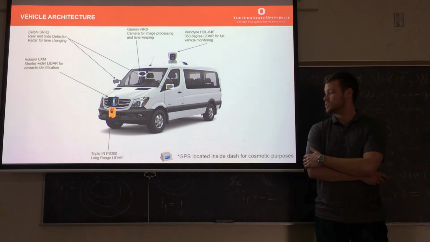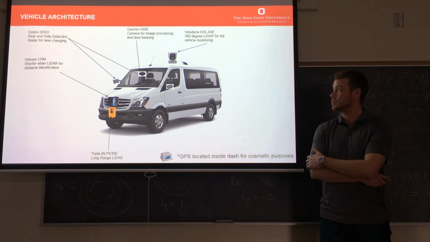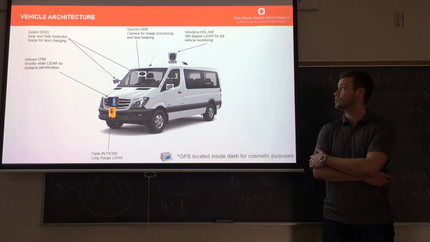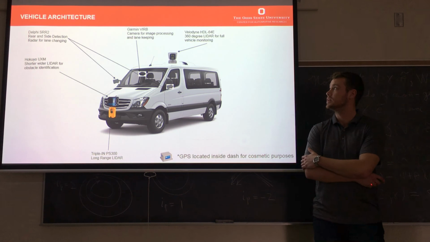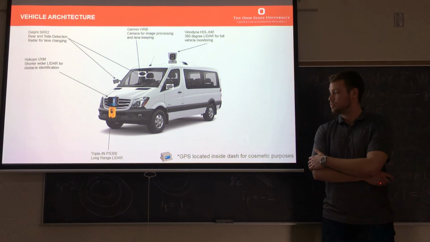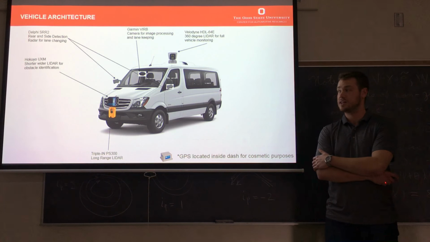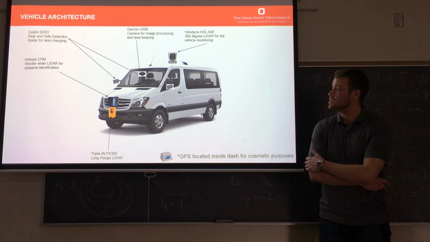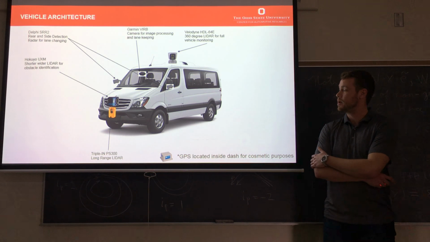So for the architecture of which sensors we needed, we initially went with a Velodyne HDL-64E for 360-degree LiDAR view. We put a Tri-In PS300 long-range LiDAR on the front for long-range vehicle identification. We put a GPS on there for path following.